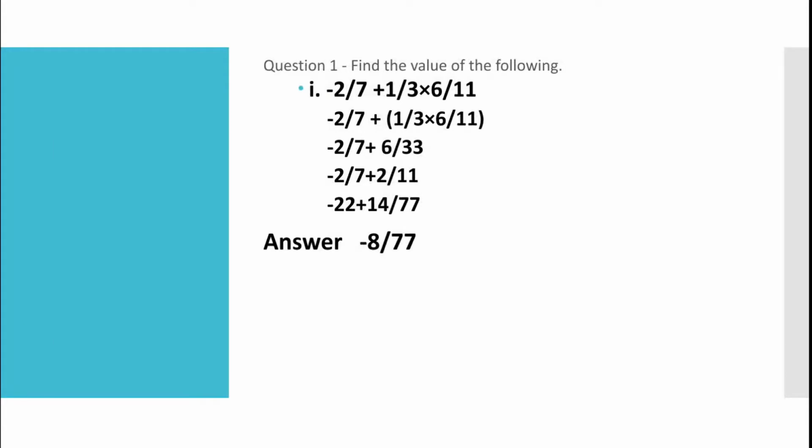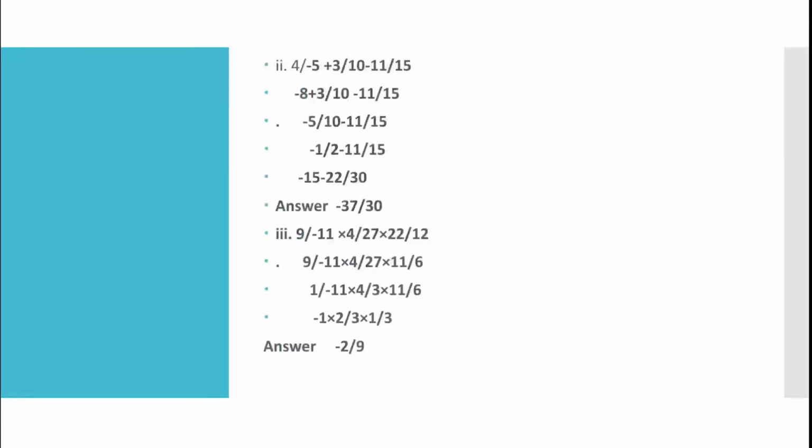Now minus 2 by 7 plus 6 by 33, it will be cut by 3, so 2 by 11. Then here you have to take the LCM. After taking the LCM you will get the answer minus 8 by 77.